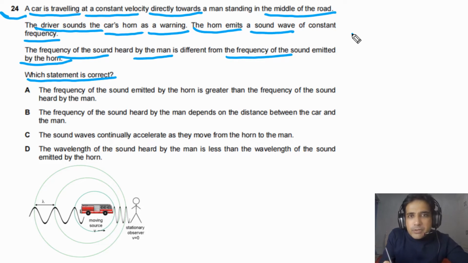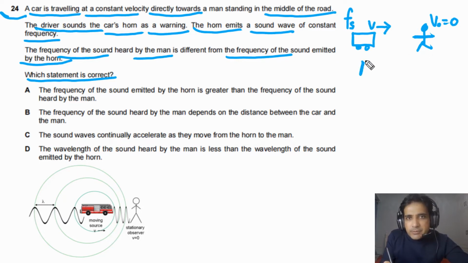First of all, let's try to sketch. Imagine that this is the car and this car is moving to the right with constant velocity, and this car produces sound with a certain frequency fs, and there is a person who is standing right in front of the car. Let's say this observer is at rest, meaning the person is not moving.